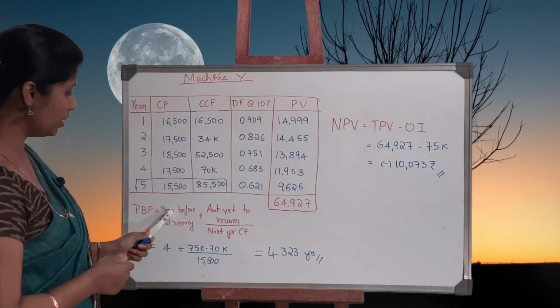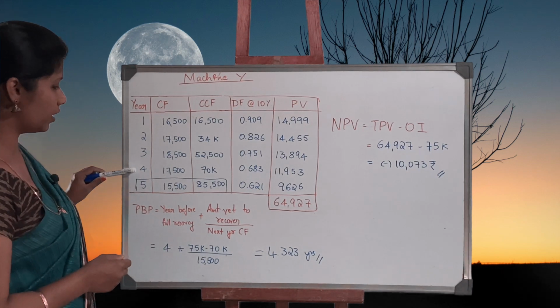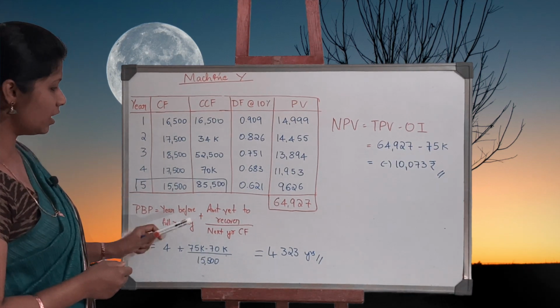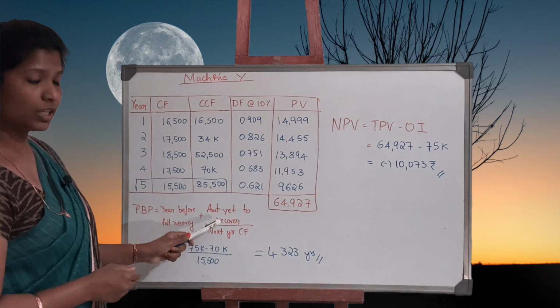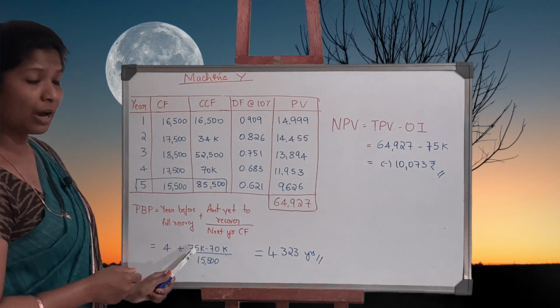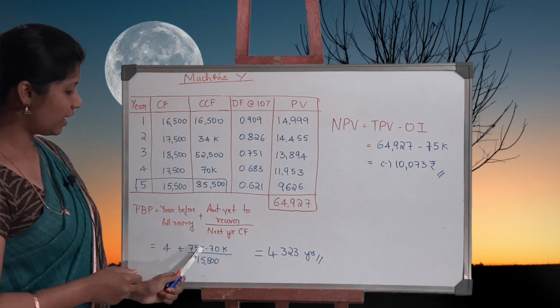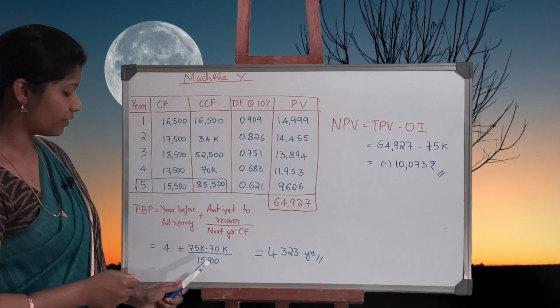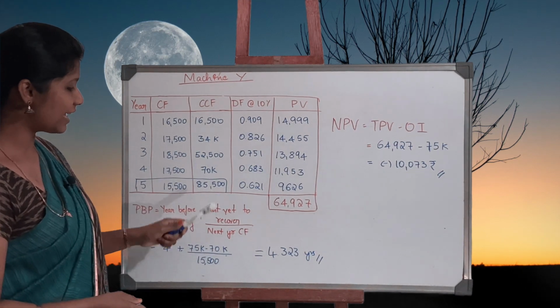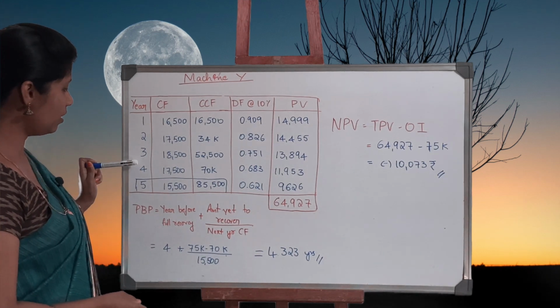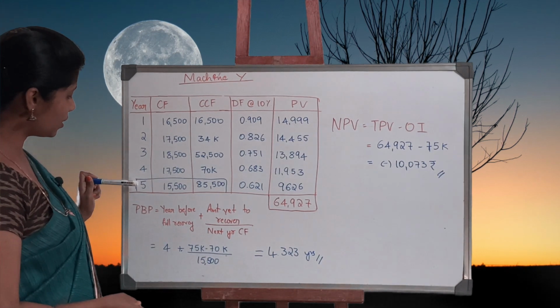So the formula: year before full recovery. Before year is 4. So 4th year, amount yet to recover. What is my original investment? 75,000. How much have I recovered in the 4th year? 70,000. So 75 minus 70, that is 5,000 divided by the next year cash flows. We are talking about the 4th year. The next year is 5.